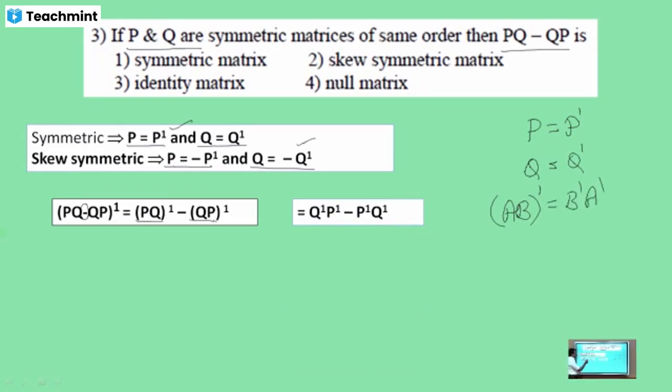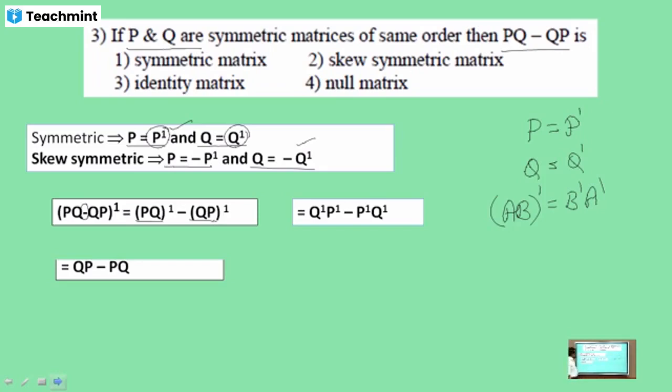So PQ transpose equals Q transpose into P transpose, and QP transpose is P transpose into Q transpose. The transpose of the Q matrix is equal to Q, and the transpose of the P matrix is equal to P. When I replace that in the condition, what I will get is QP equal to PQ.